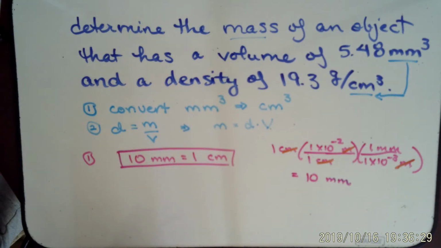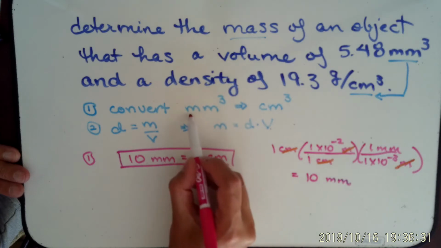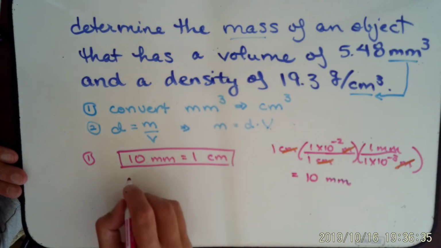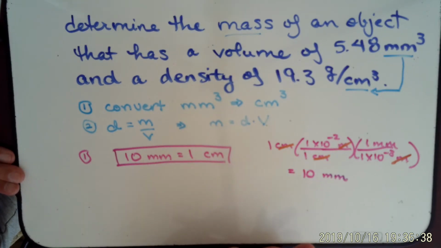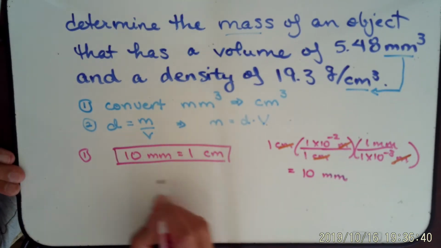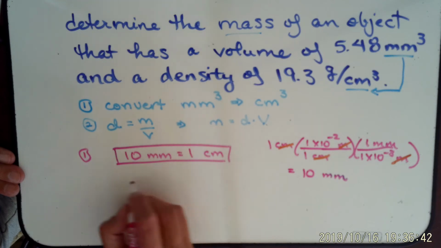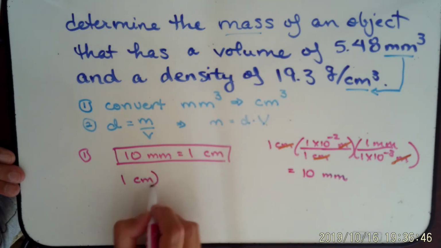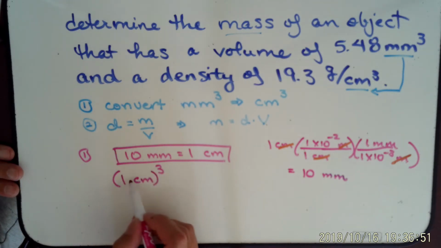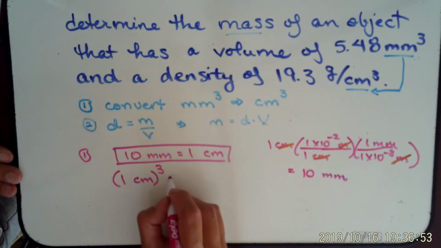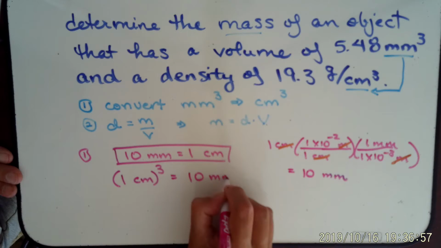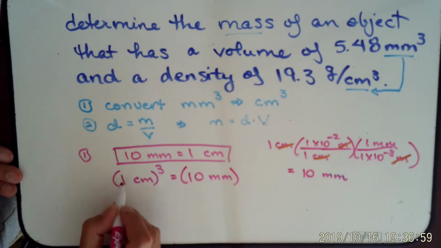However, bear in mind, we're not looking for millimeters, we're looking for cubic millimeters. There are a few ways you can do this. In this case, if I say 1 centimeter, I'm going to cube it. The whole thing has to be cubed, not just the unit, but the whole thing. But 1 times 1 times 1 is equal to 1. Then I take my 10 millimeters, and whatever I do to the left side, I have to do to the right.